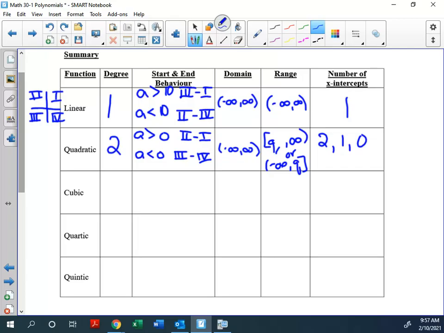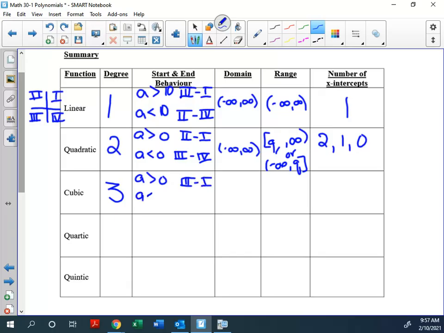Then we generalize. So now when we go to our cubic, which is degree 3, it behaves like a line. So it is going to have the same start and end behavior. If A is positive, I start in quadrant 3 and end in quadrant 1.